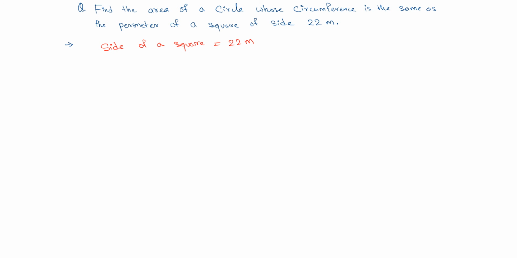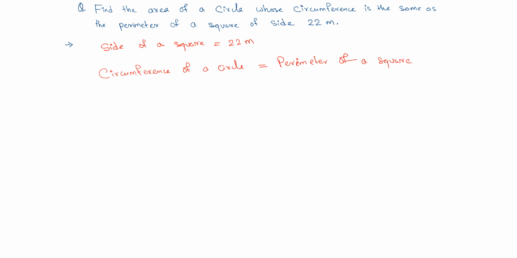Now, what relation have they given in the question between the circle and the square? It is written that the circumference of the circle is same as the perimeter of the square. So we will write, circumference of a circle is same as perimeter of a square.